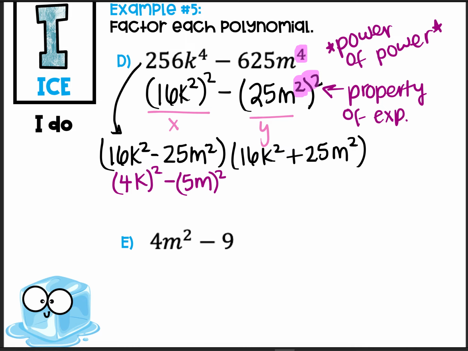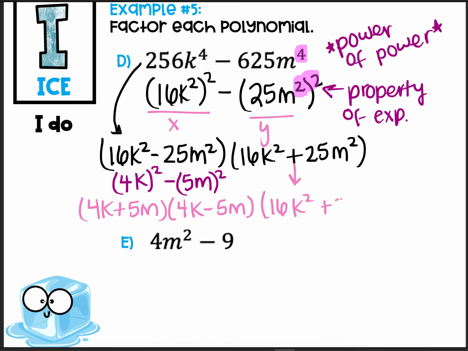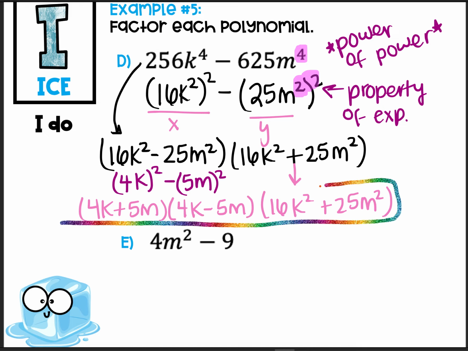And now the two factors for the first term will be 4k plus 5m times 4k minus 5m, times this one, I'm just going to rewrite it: 16k squared plus 25m squared. In this case, I factor until I can no longer keep factoring. This is the factor form for the polynomial.